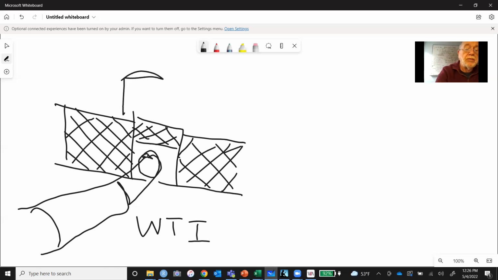Well, it's basically a great big refinery run by a bunch of very dedicated people, especially with safety in mind. It's called a refinery. And these are the places where the refining occurs. The West Texas Intermediate molecules are cooked.